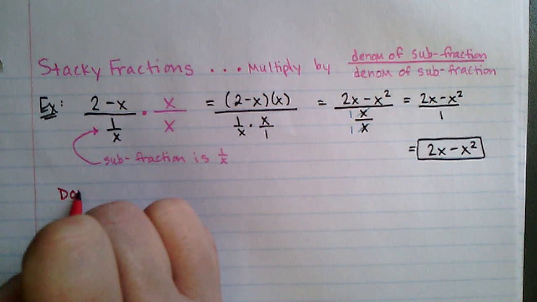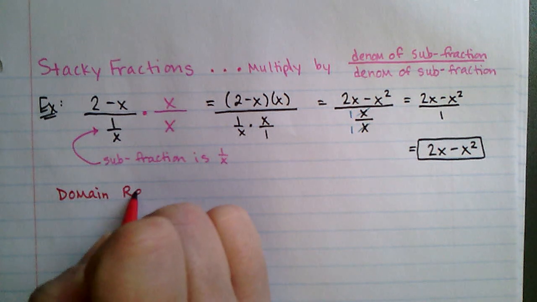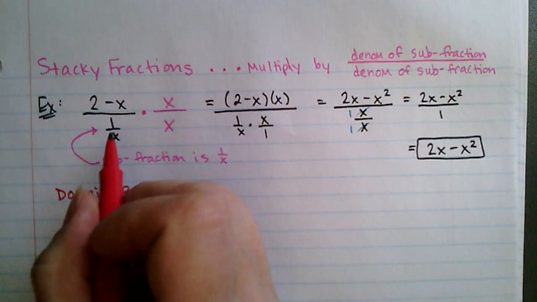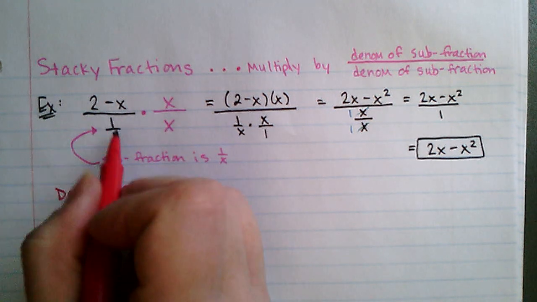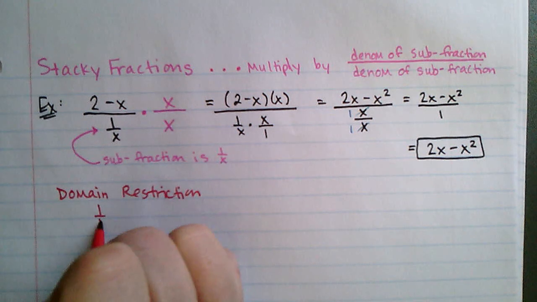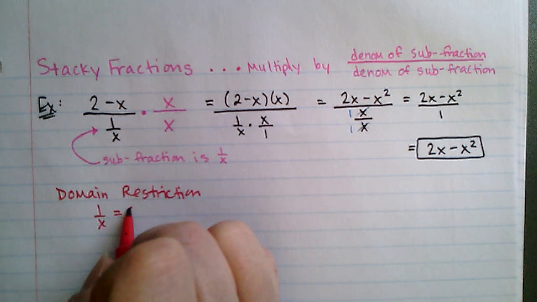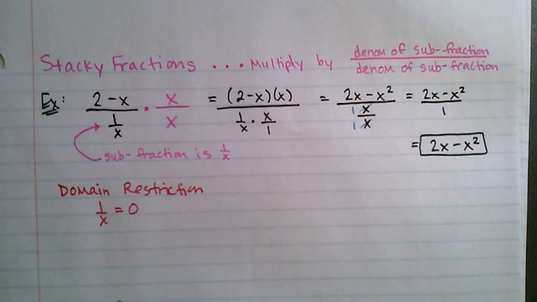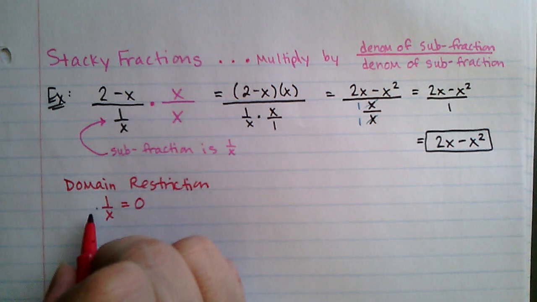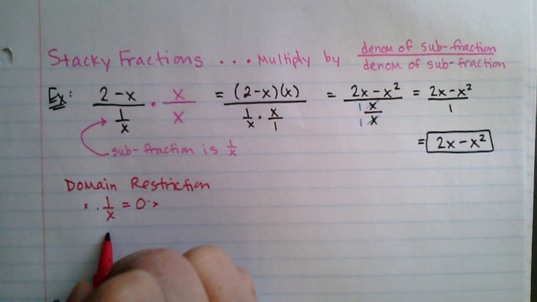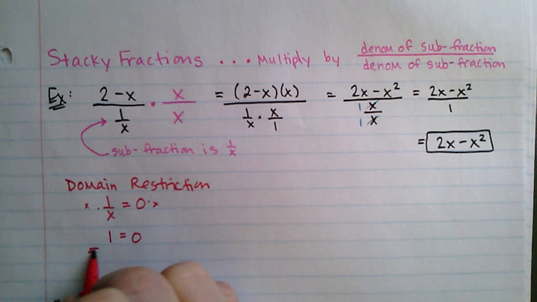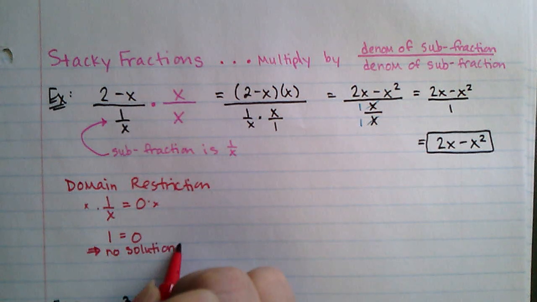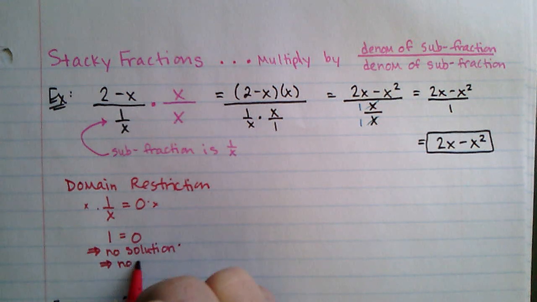So let's talk about domain restrictions. In my big fraction, I had 1 over x in the denominator. So when I solve for 1 over x equals 0, if I multiply both sides times x, I get 1 equals 0, which means there's no solution. In other words, no restriction.